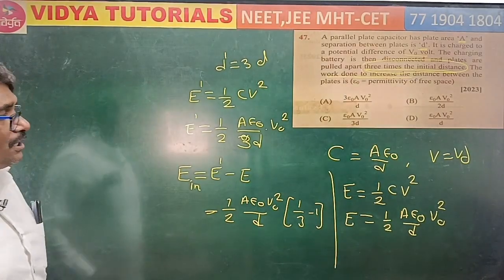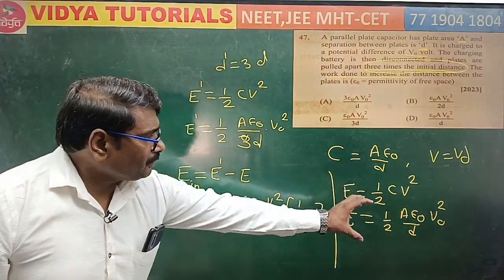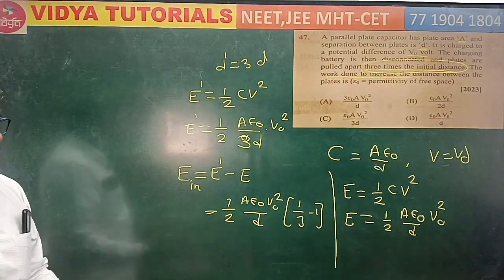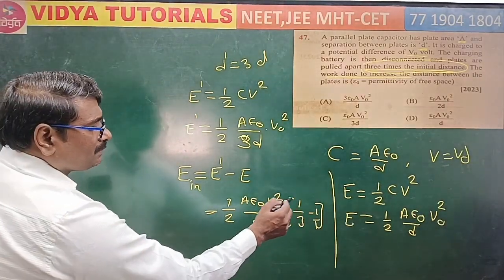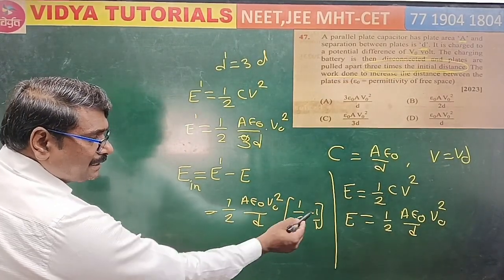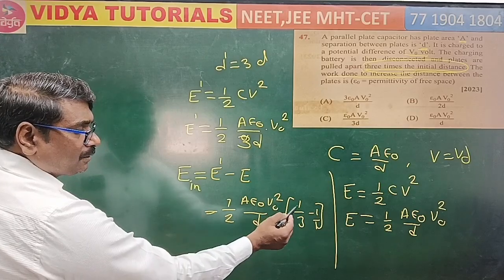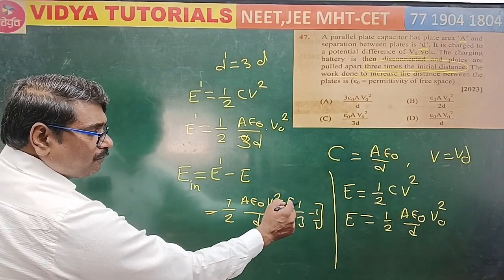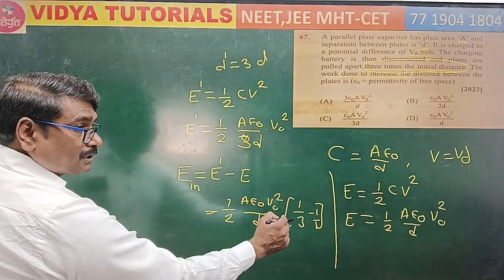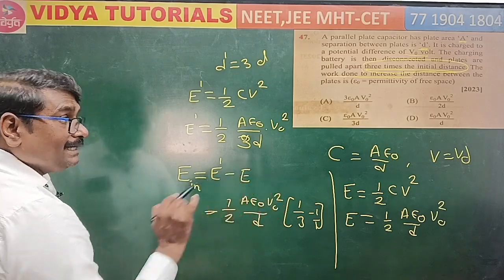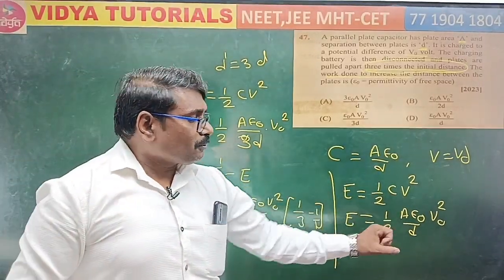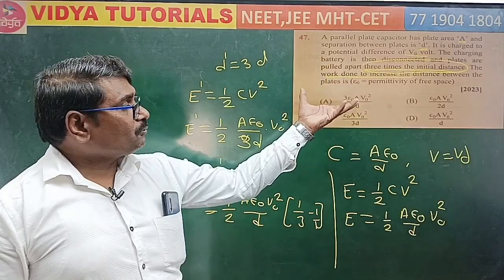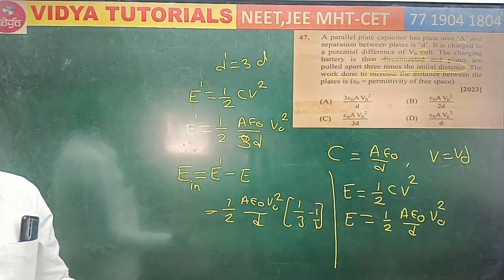Suppose we substitute these values here, by the simplification we get this one. The denominator is 1. After the cross multiplication, here we get the minus sign, and therefore that is called the decreasing energy. Yes or no, decreasing energy. Why? We know that E is inversely proportional to d, distance is increased, of course energy will decrease.